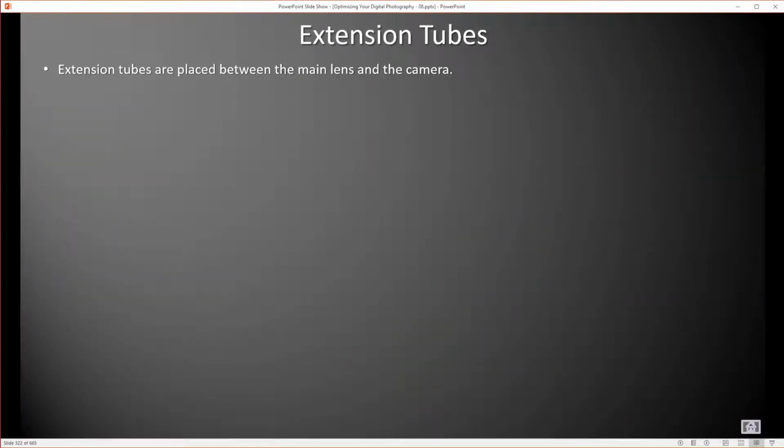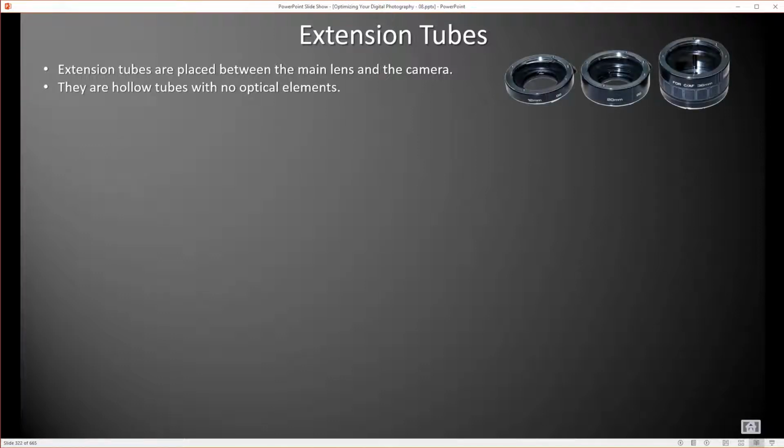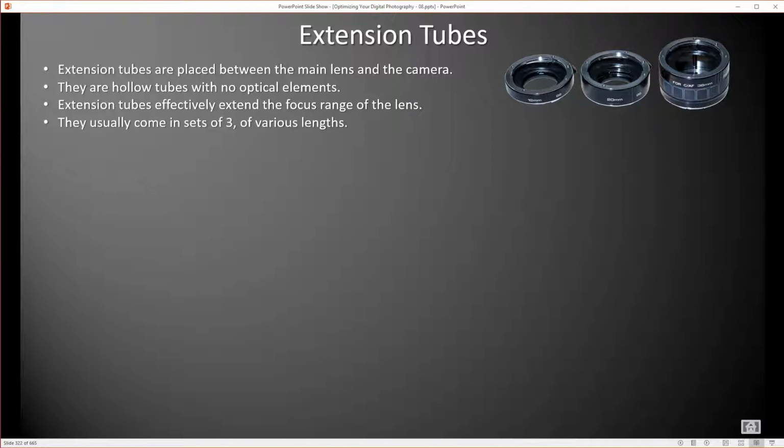So extension tubes are placed between the main lens and the camera. They are hollow tubes with no optical elements, so you can see all the way through, but they do have electrical contacts which allow transmission from the camera to the lens and back again. So extension tubes effectively extend the focusing range of the lens, and of course you can use them on standard lenses and telephoto lenses, and they usually come in sets of 3 of different lengths.